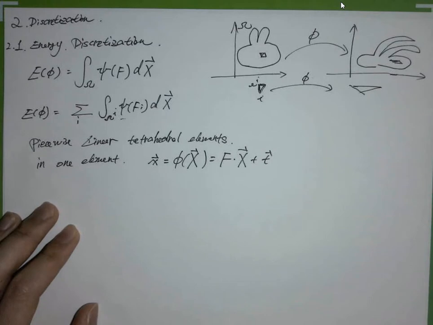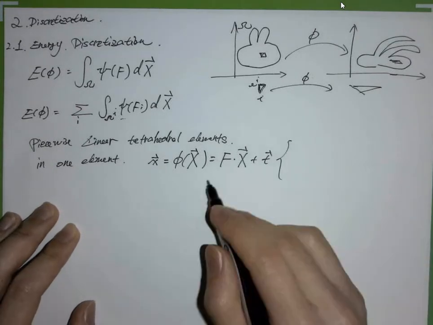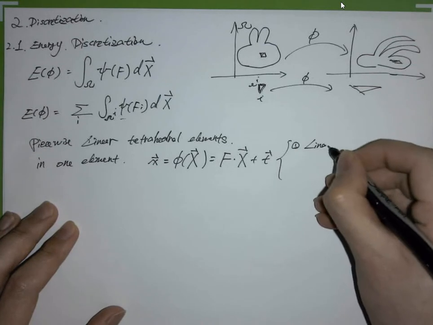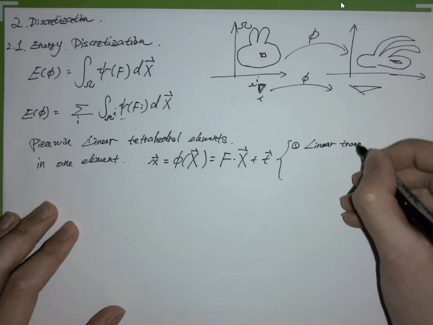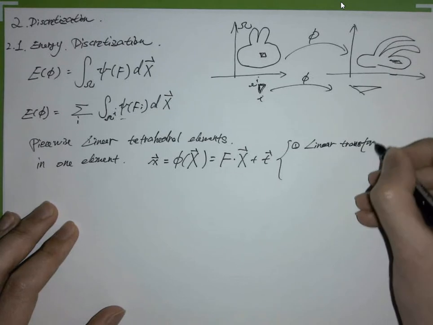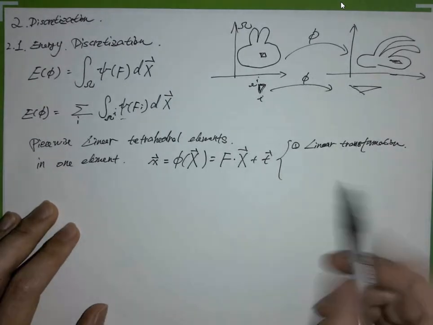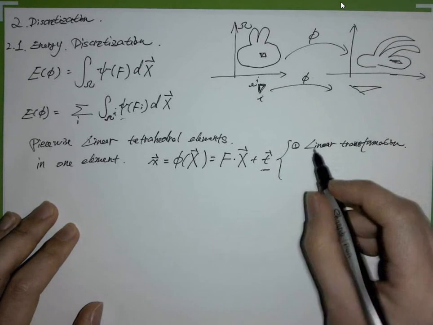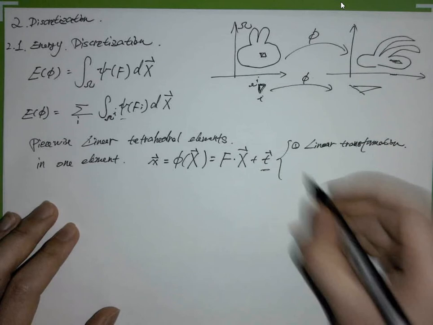There are two parts in this assumption. The first part is that it is a pure linear transformation. For us, we only care about the rotation, the scaling, and also the translation. So it's just a linear transformation, and all the degrees are not coupled together.